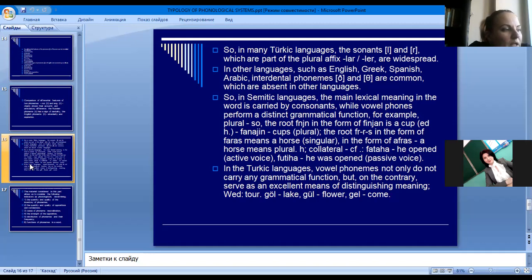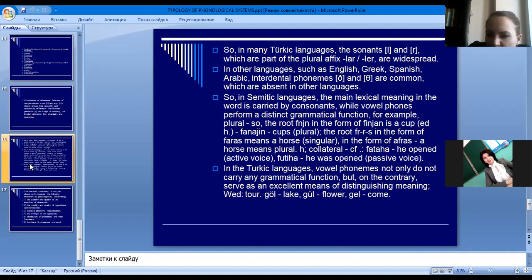For example, the root F and JN in the form finjan is a cup in singular, and fanajin is cups in plural.